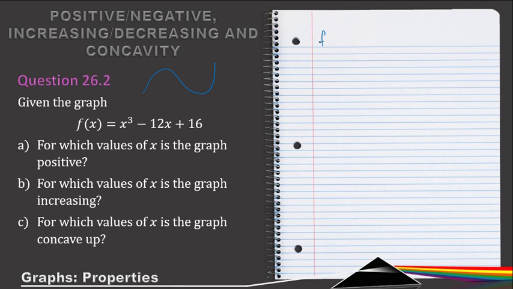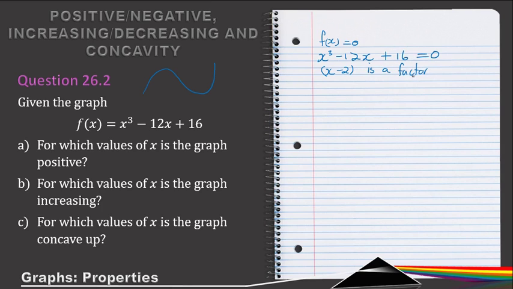So that means we need to solve f(x) equals 0. So x to the power of 3 minus 12x plus 16 equals 0. And to find the first factor, we substitute in different values for x, and the factor, x minus 2, once again, is a factor.